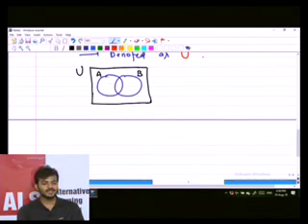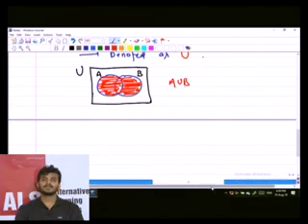This will be A union B, A and B, right? From the Venn diagram we can say this is the region which denotes A union B. Okay, the red marked area, or these two circles combined, will give you A union B.